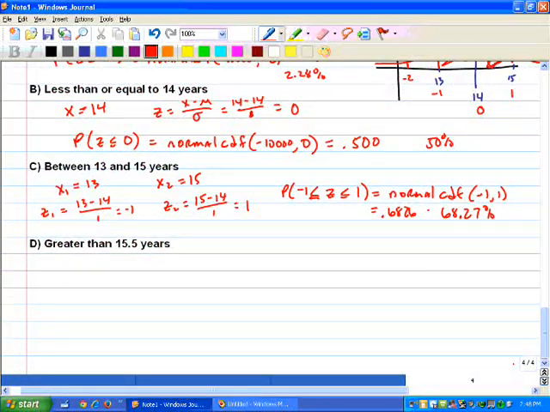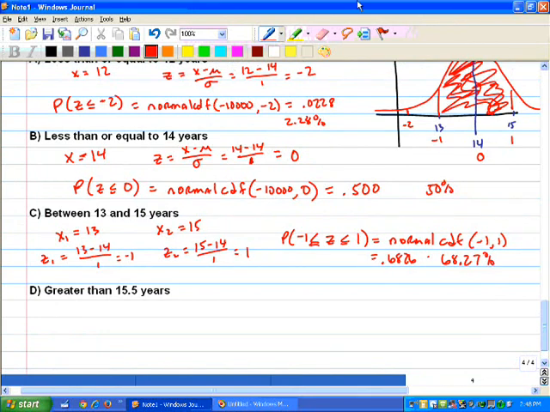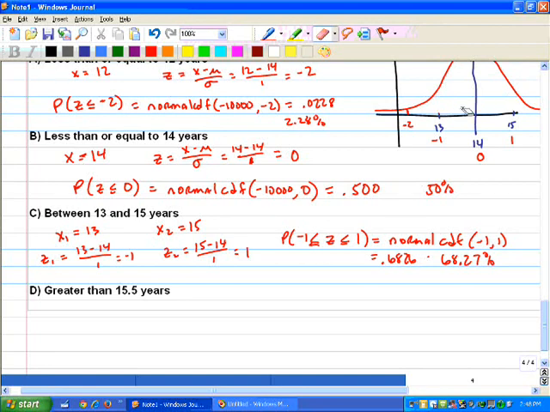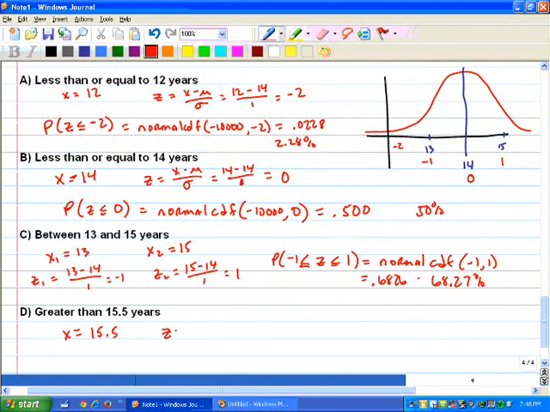Now let's look at one greater than 15.5 years. Here our x is 15.5. Convert to a z-score: 15.5 minus 14 divided by our standard deviation of 1. That's going to give me 1.5 over 1, or 1.5. So what we're looking for here is the area under the curve to the right of 1.5.